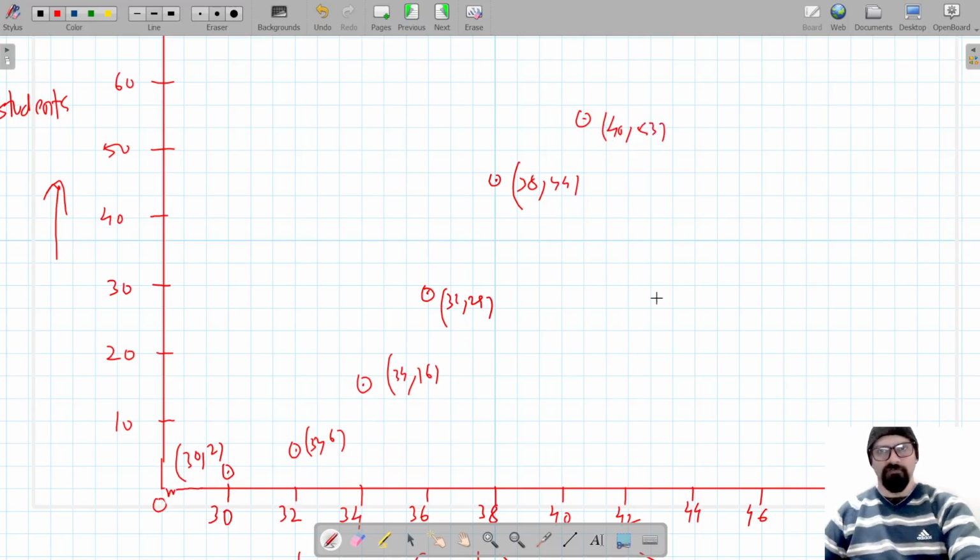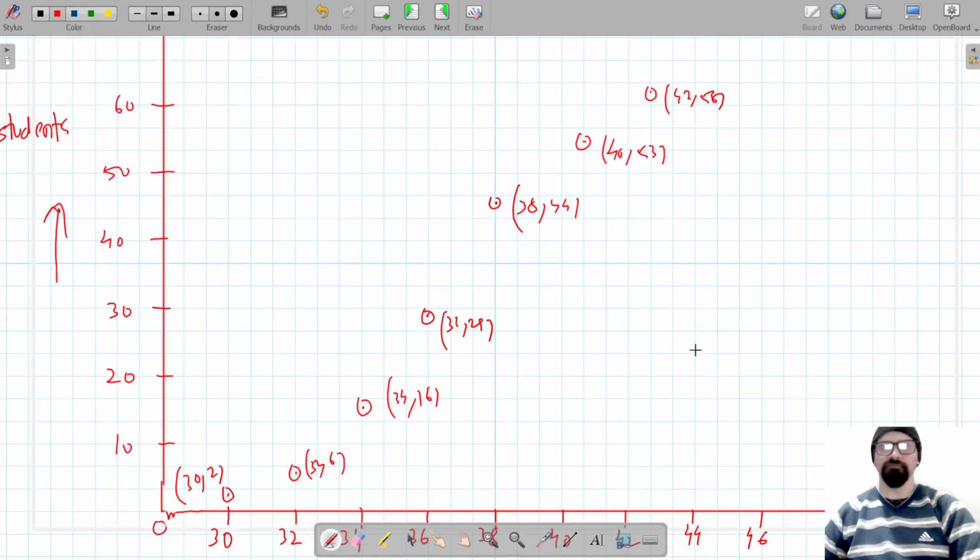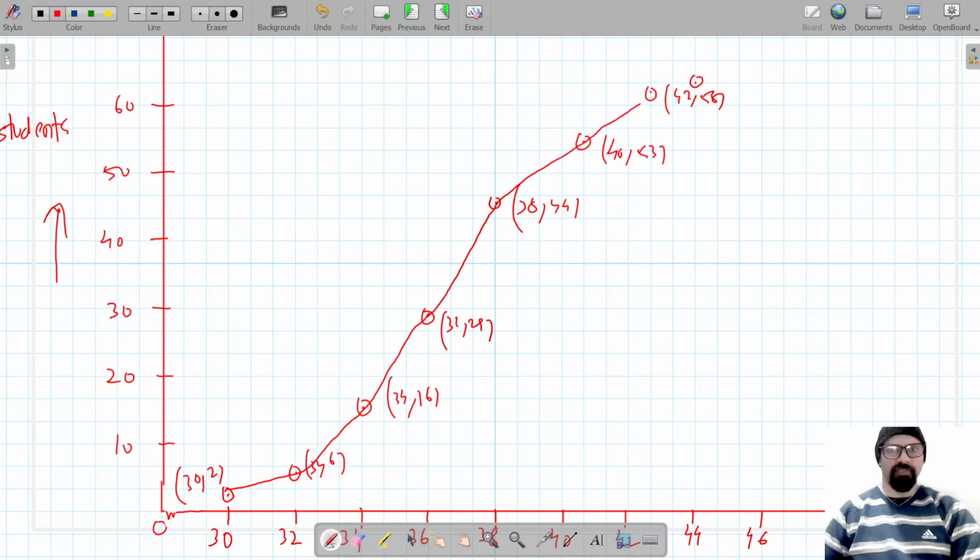The next one is 42 and 58, and then 44 and 60. If I draw a freehand ogive, it will somewhat look like this.